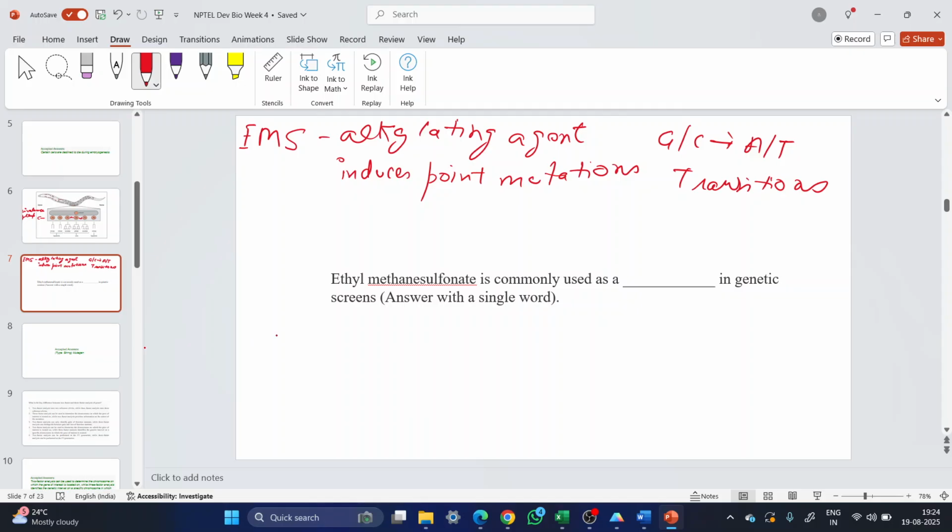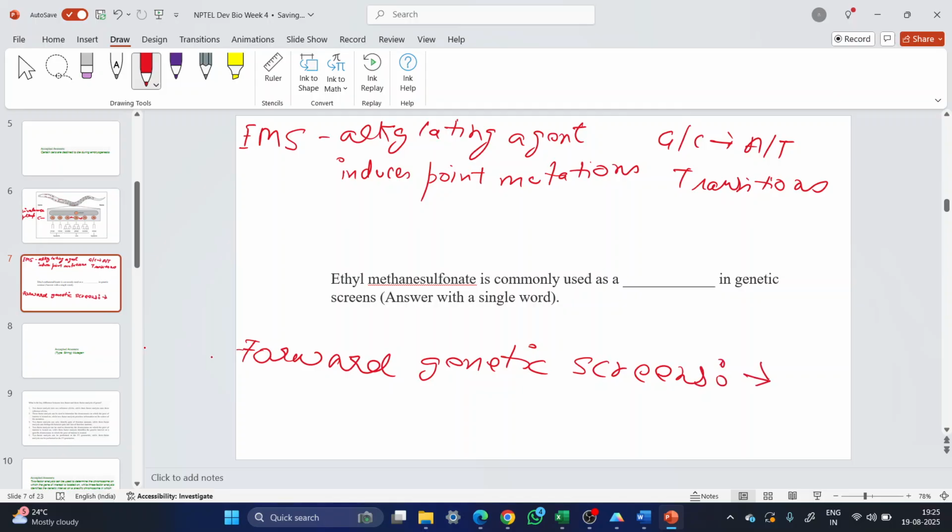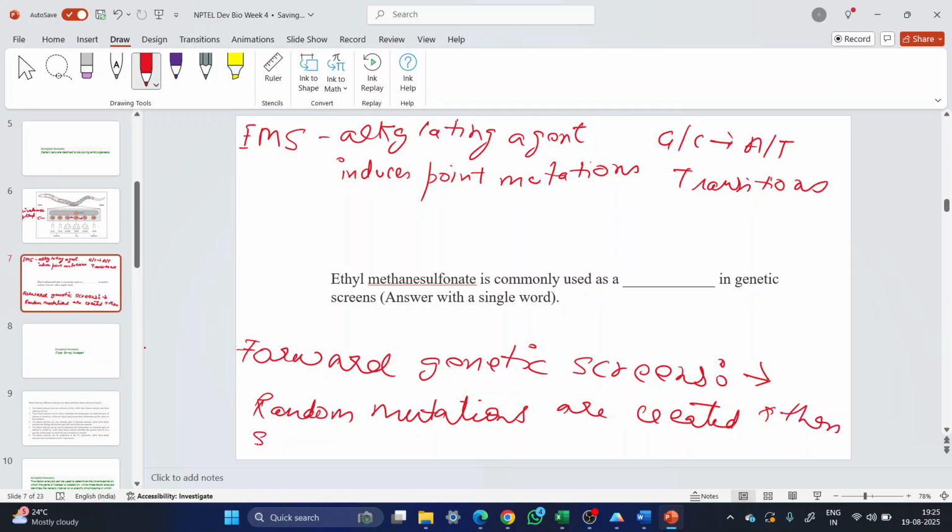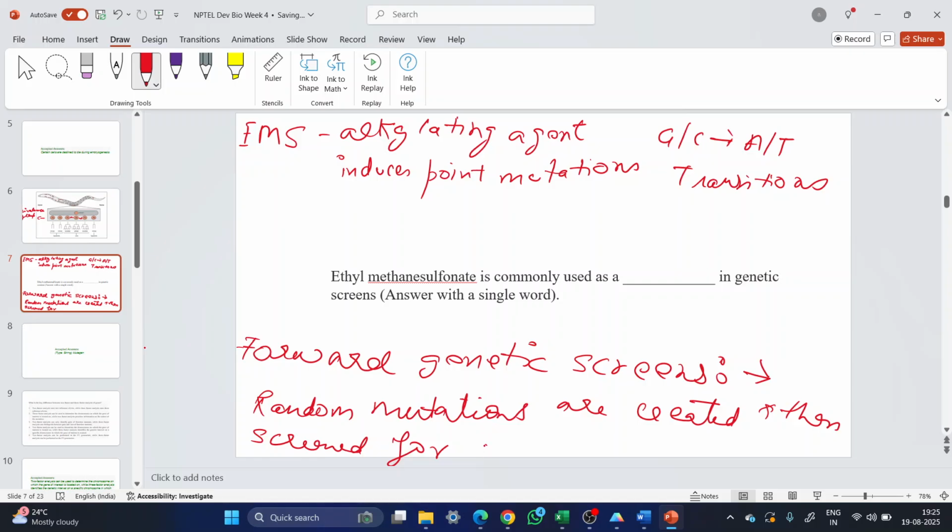So what happens in a forward genetic screen is that random mutations are created and then screened for interesting phenotypes.